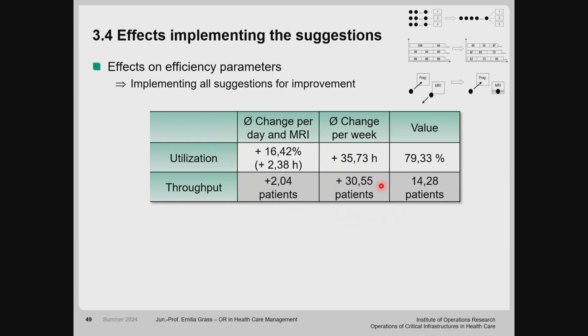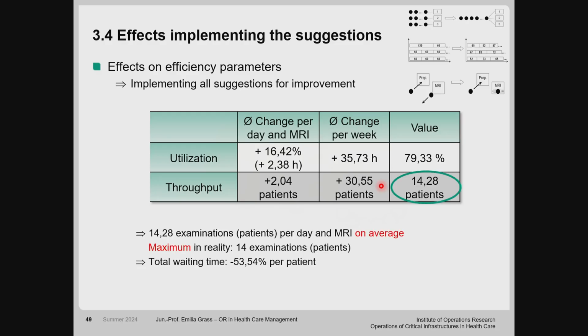Okay, so because they have this kind of long waiting list, of course they are interested in reducing these long waiting times for the patients, and to treat as many as possible. Okay, so what could also be achieved, and that was very good for the patient, is that we had over 50% reduction in waiting times for the patients.